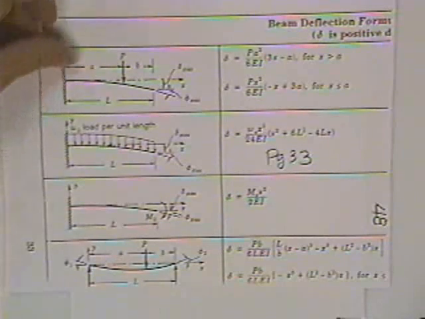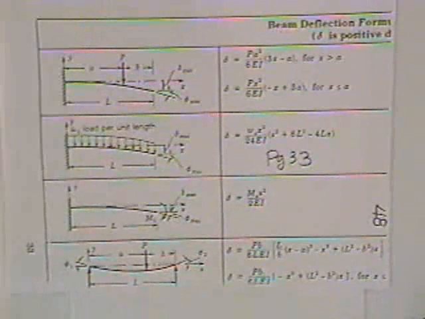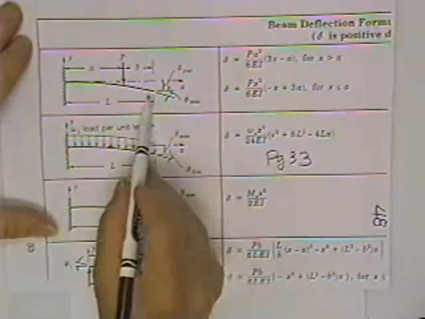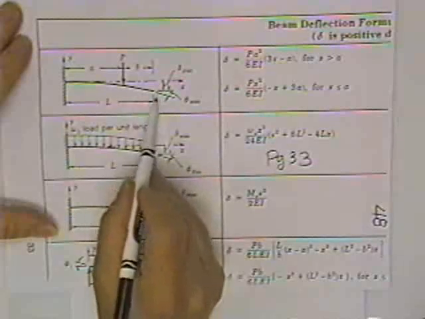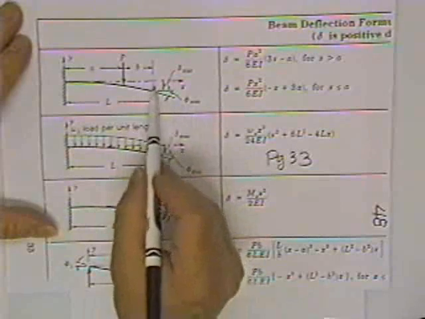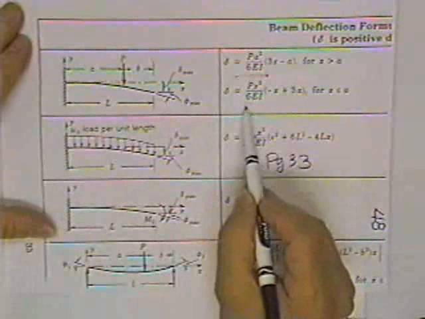But if it's fixed on one end, then you call A the distance to the load and B the free end that sticks out. He'll tell you how much rotation this beam has. That'll be theta max or phi max. He'll also tell you the maximum movement up and down. And he gives you those equations for deflections.